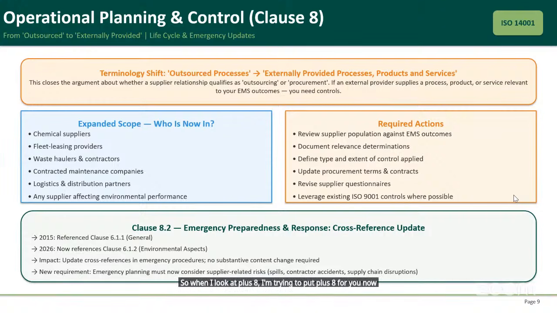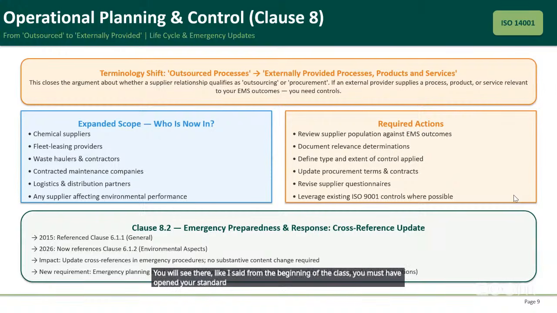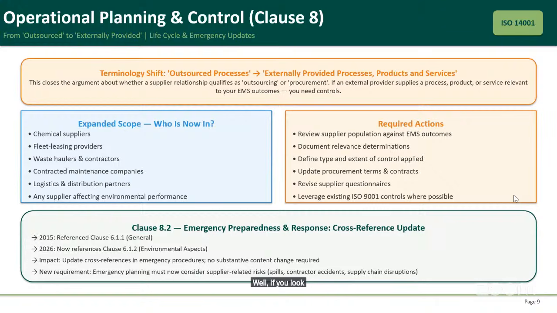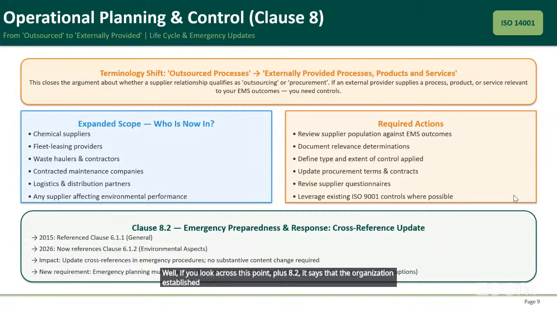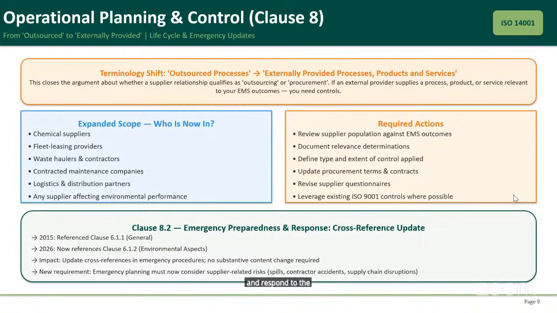Like I said from the beginning of the class, you must have opened your standard. Clause 8.2 says that the organization shall establish, implement, and maintain the processes needed to prepare for and respond to the potential emergency situations determined in 6.1.2.